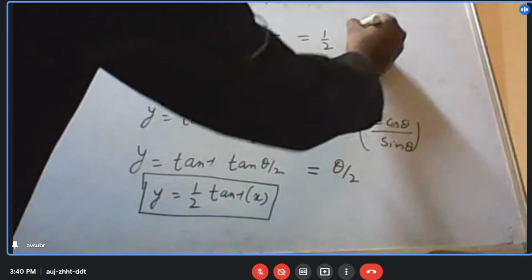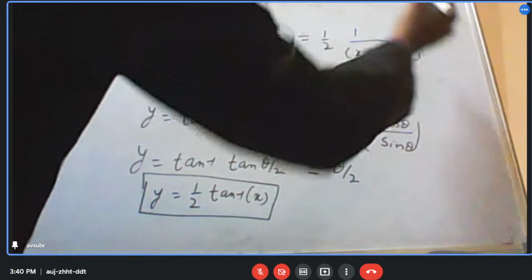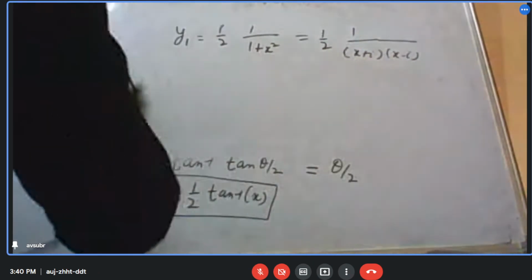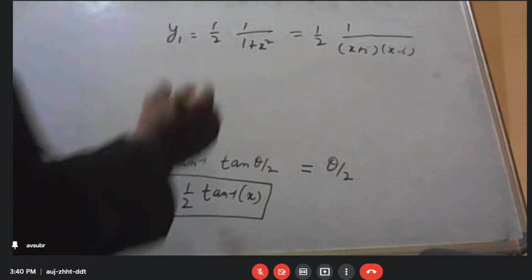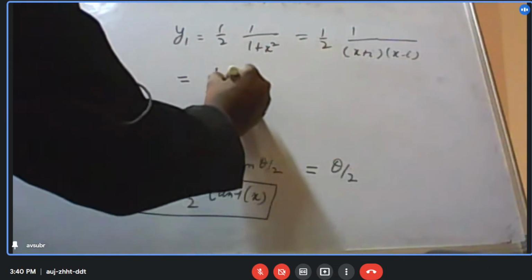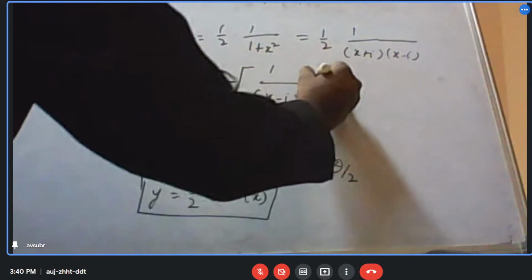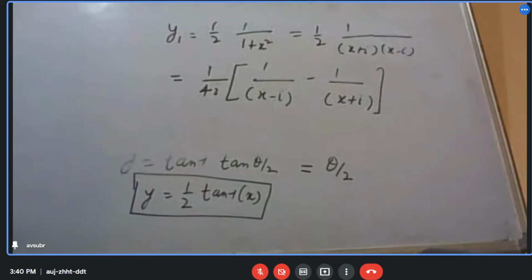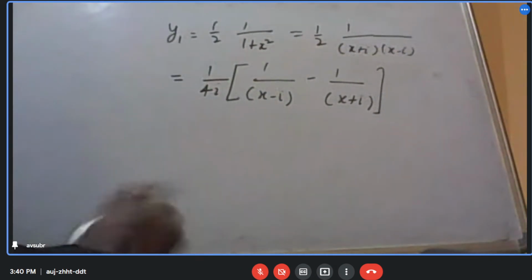This can be written as 1 by 2, 1 by x plus i into x minus i. We have already done this kind of problem. Then we can write it as 1 by 4i into 1 by x minus i minus 1 by x plus i. Is it okay? Yes, sir.